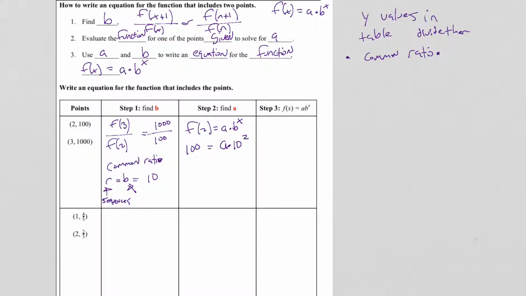So 10 squared is 100, so you basically have 100 equals a times 100, or 100a. So this makes a equal to 1. And now the formula for this is f of x is equal to 1 times 10 to the x, or f of x is equal to 10 to the x. There's one example. Let's do another one.